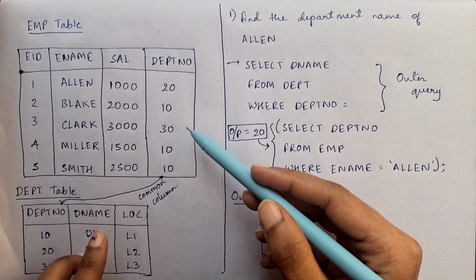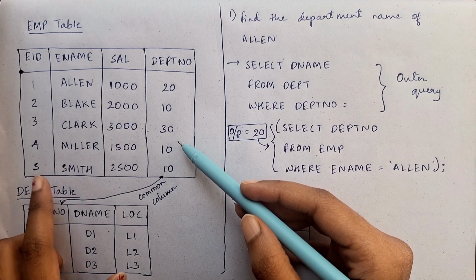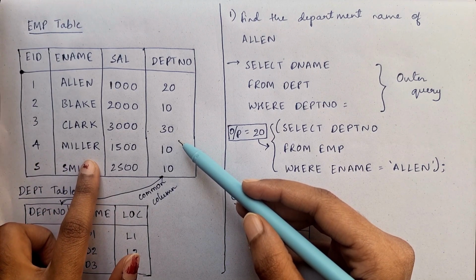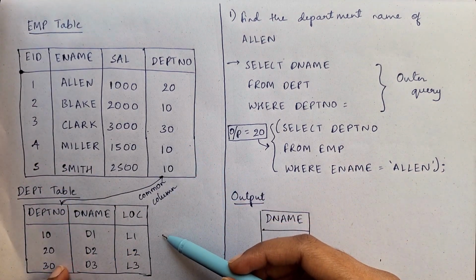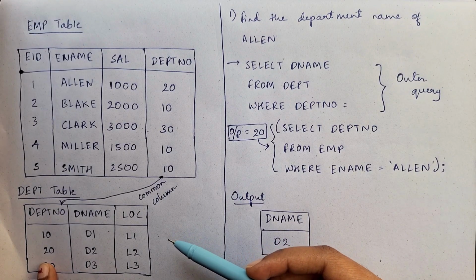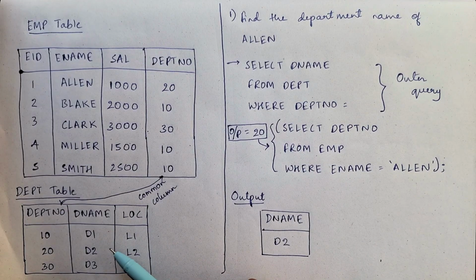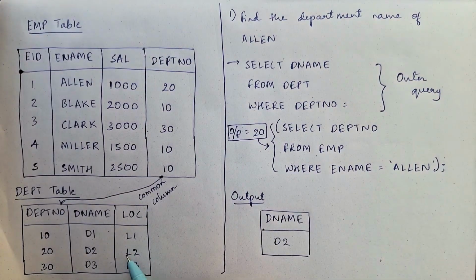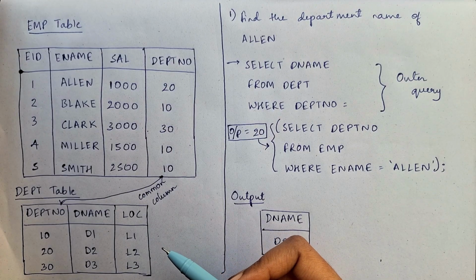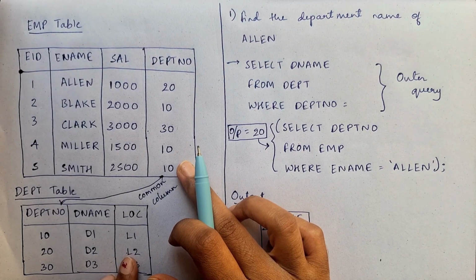The EMP table department number tells us which department an employee belongs to. In the department table, the same department number represents the details of that department, such as department name and its location. So you can think of department number as a link or connection between the EMP table and the department table.